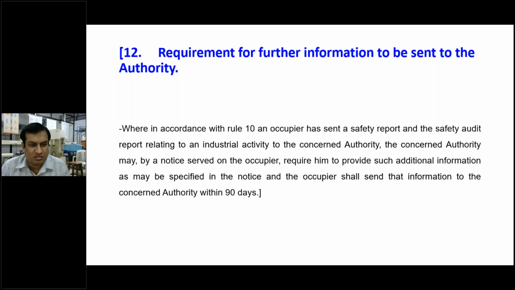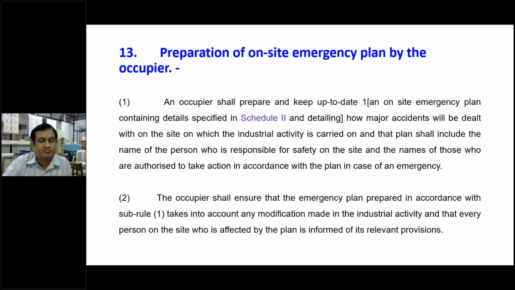Rule 12 says that by a notice served on the occupier, he may be required to provide such additional information as may be specified in the notice, and the occupier shall send this information within 90 days. So this is the rule 12, the requirement for further information to be sent to the concerned authority.